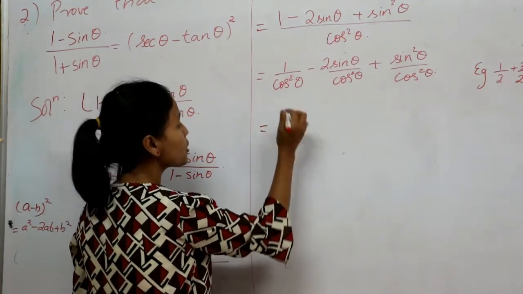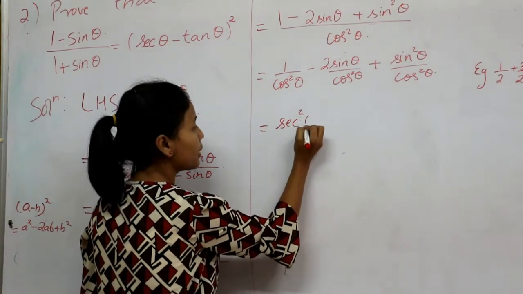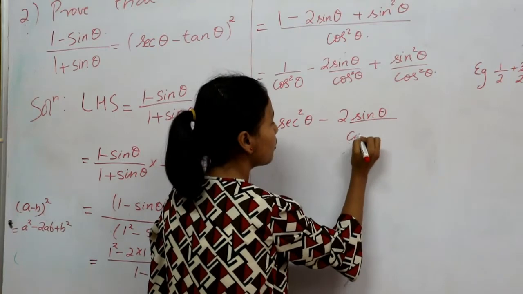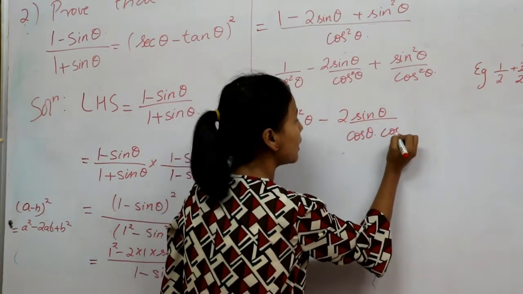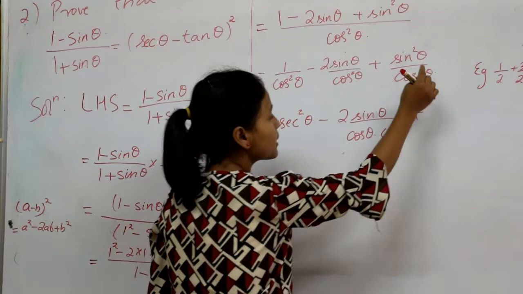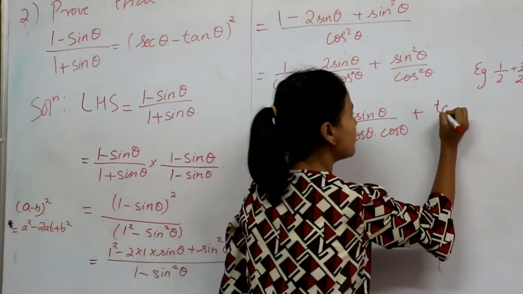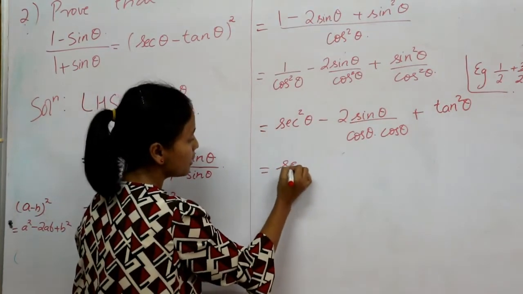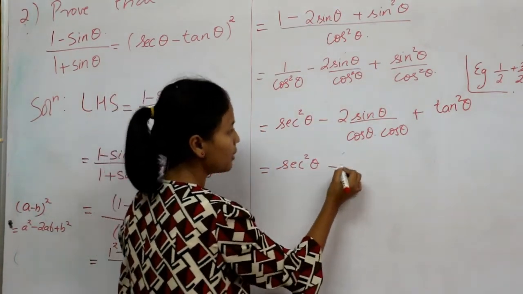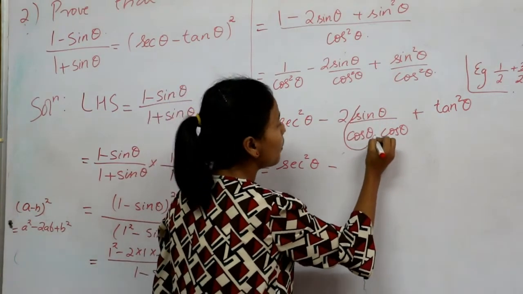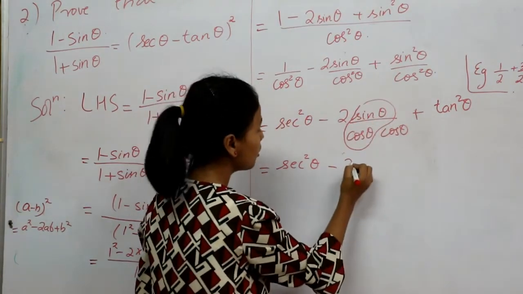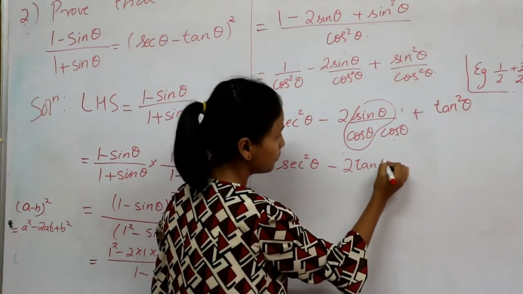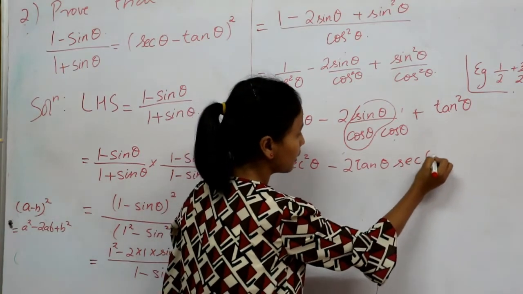Okay, we know that 1 by cos square theta is sec square theta, minus 2 sine theta by cos square theta, we will write cos theta into cos theta. Then plus sine square theta by cos square theta is tan square theta. Now sec square theta minus, we know that sine theta by cos theta is tan theta, and 1 by cos theta is sec theta.